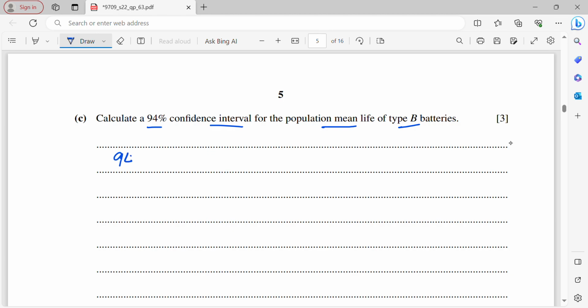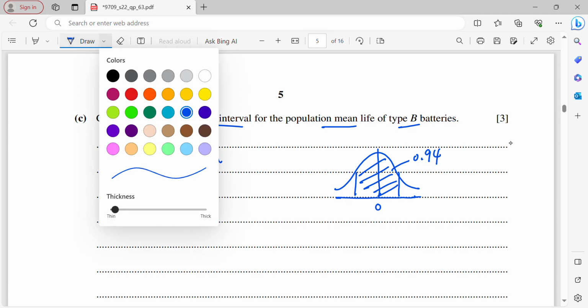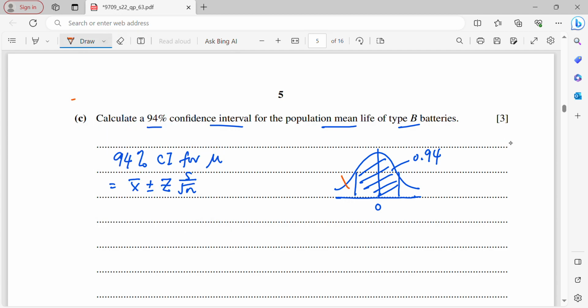So now, the 94% confidence interval for mu is X bar plus minus Z S over square root N. I need to know what my Z, the critical value from the normal table, is. 94% means in the middle is 0.94. Then these two tails together will be 0.06, which means each side is 0.06 divided by 2, which is 0.03.